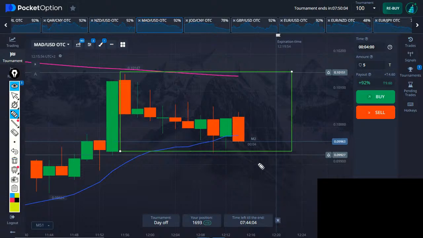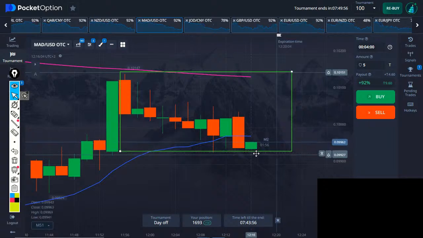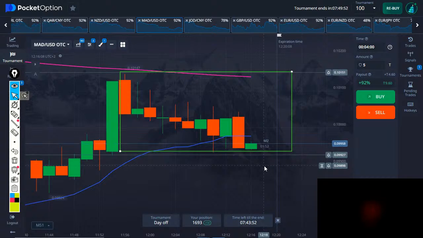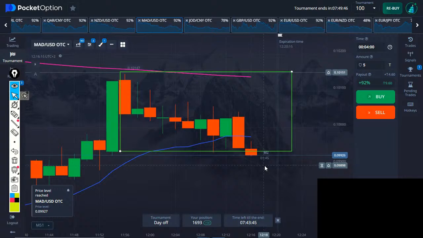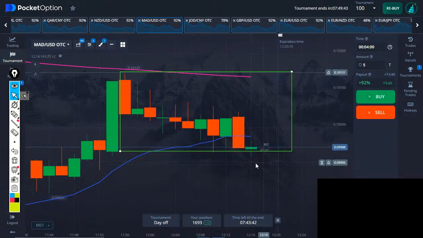This is nice. I need a second. Beautiful. Come on, push. Okay, let's see. Okay, it's breaching. We need a strong close below the green line.